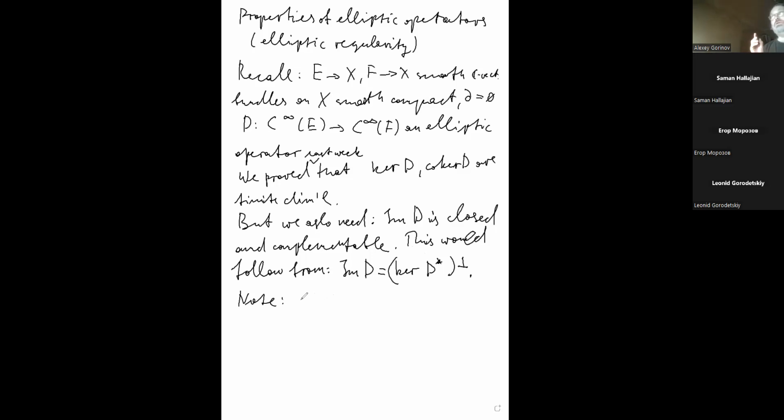But let's also note that there is a similar formula which is completely for free, namely the orthogonal complement of the image is the kernel.